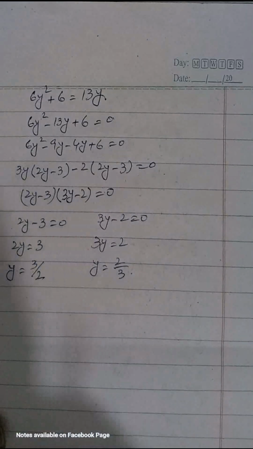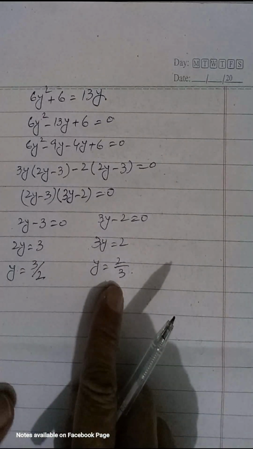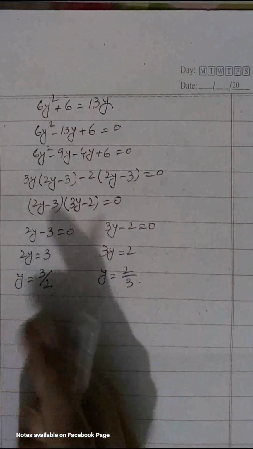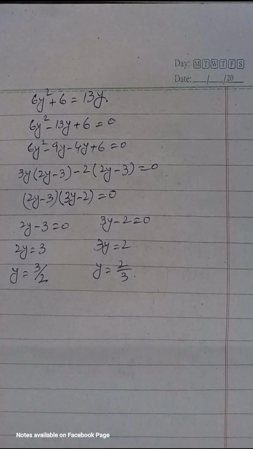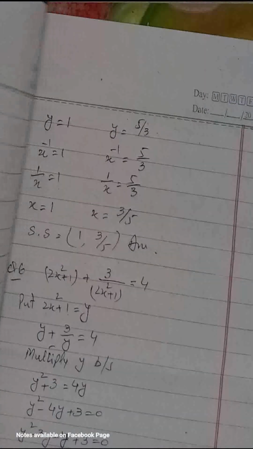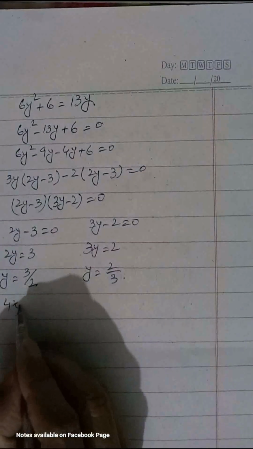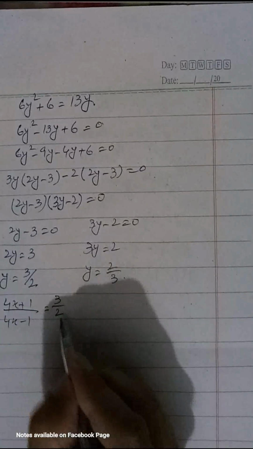Now we put both the values of y and find the value of x. y is equal to 4x plus 1 over 4x minus 1 is equal to 3 over 2.